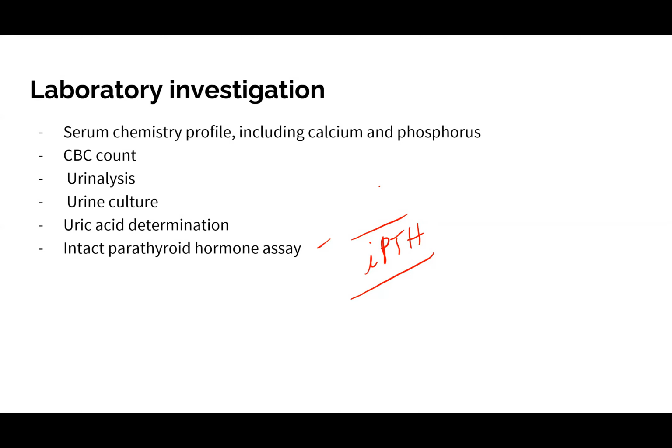When there is renal failure, there will be a derangement of the bone metabolism also. That is because, due to the renal failure, parathyroid hormone will be in excess. The excess parathyroid hormone draws the calcium from the bone, and that excess calcium produces nephrolithiasis and aggravates the renal failure. So every patient of renal failure, you are bound to examine the IPTH assay.